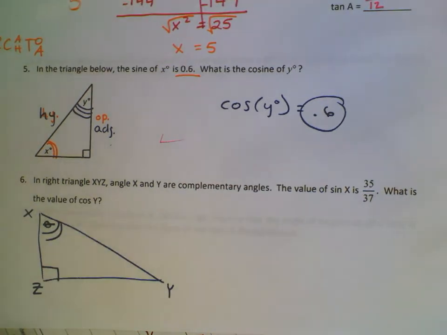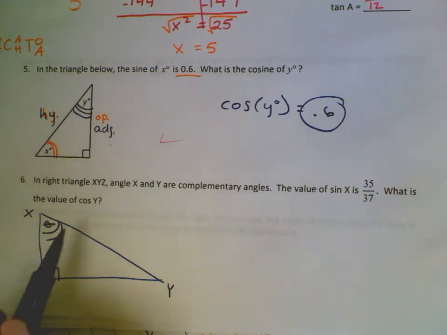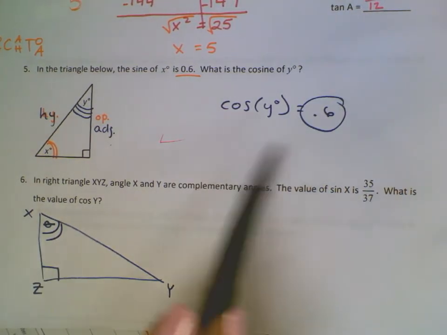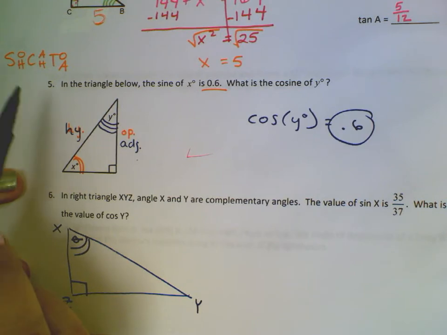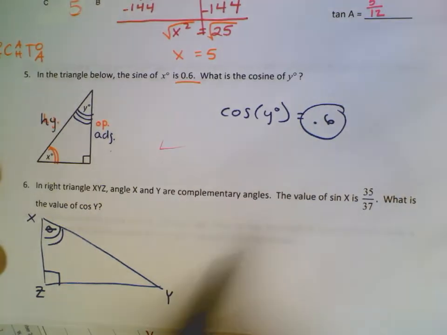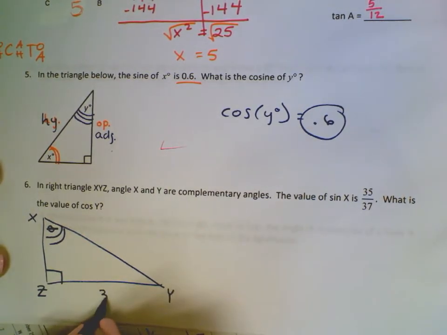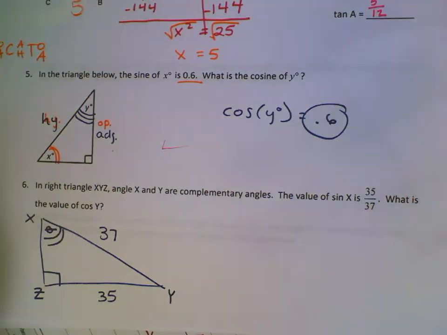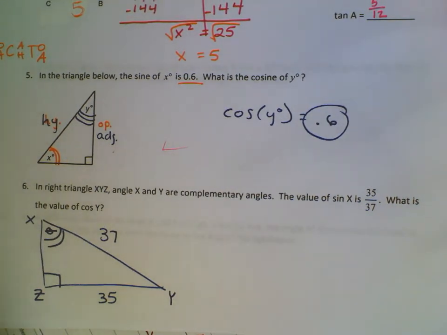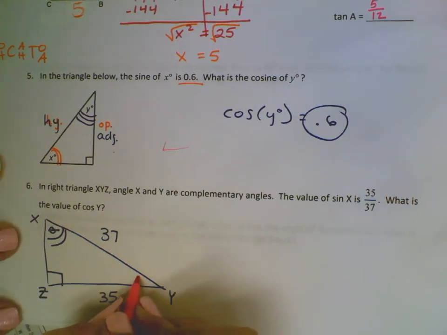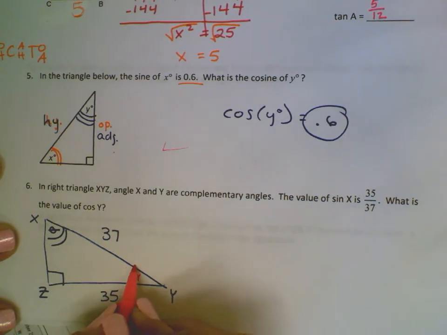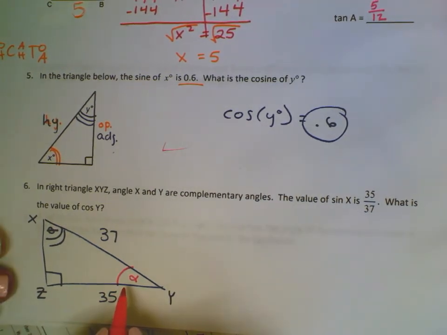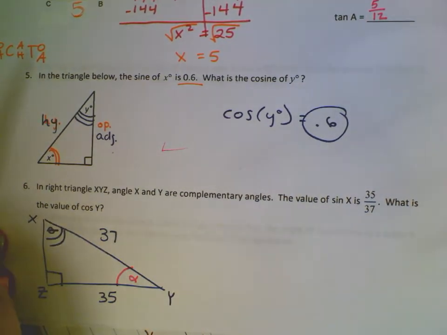If we're doing sine of x, sine is opposite over hypotenuse. So opposite is 35 and the hypotenuse is 37. This question is also dealing with the rule of complements because now we're looking for cosine of y. So I'll say this is alpha. So cosine of alpha, cosine is always going to be adjacent over hypotenuse.